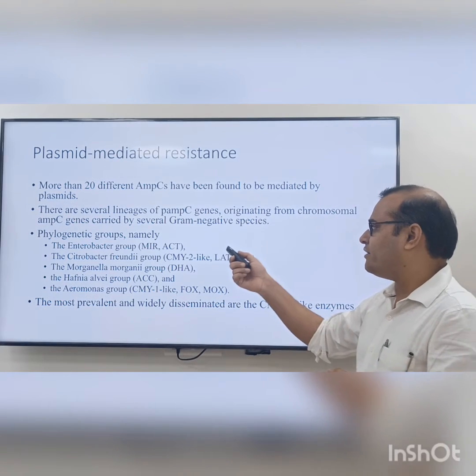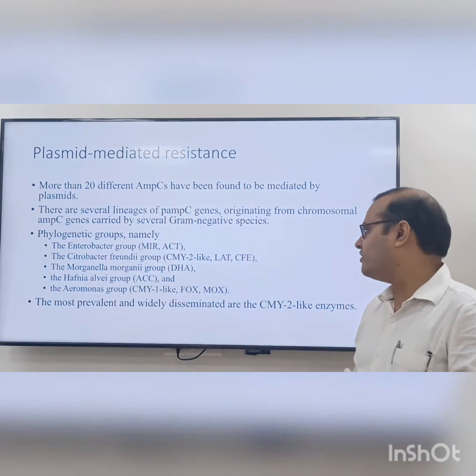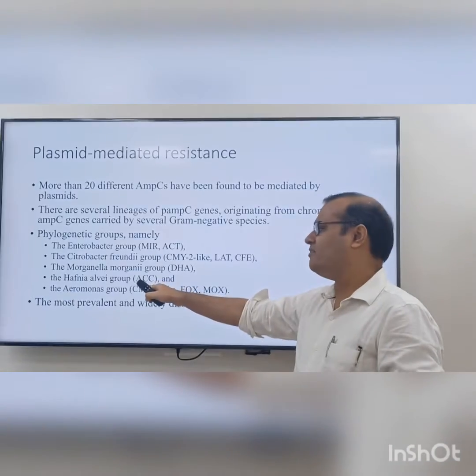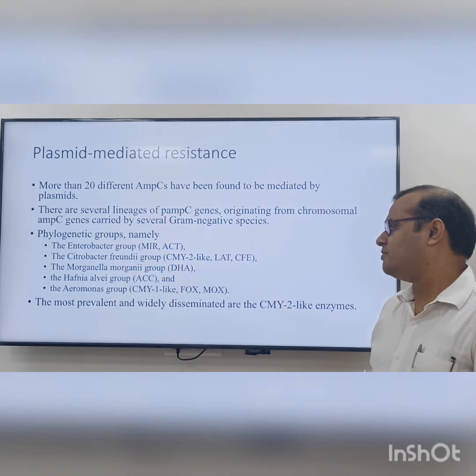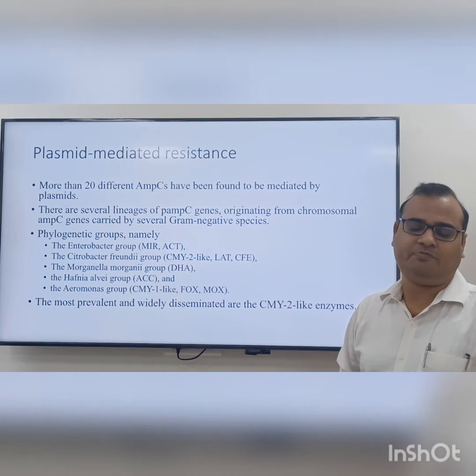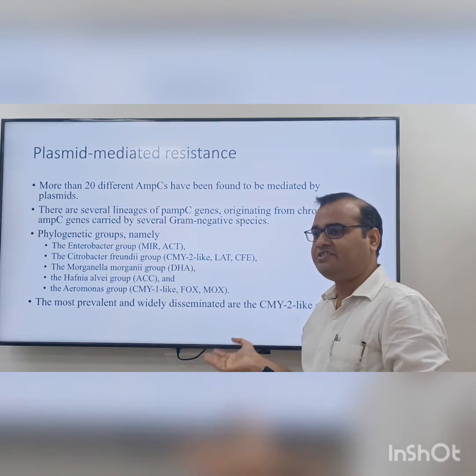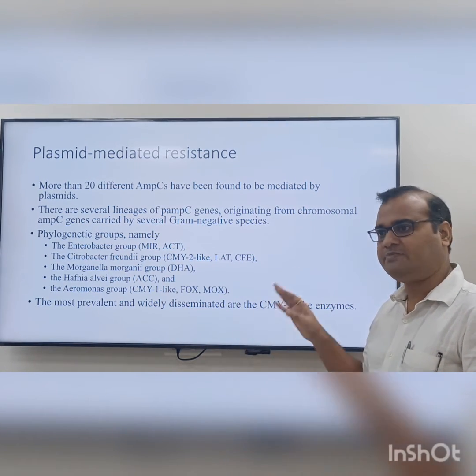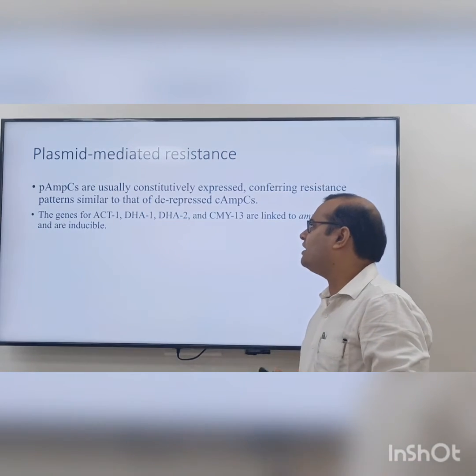So it may be the Enterobacter group, Citrobacter freundii group, Morganella morganii group, Hafnia alvei group, and the Aeromonas group. Among all plasmid-mediated AmpCs, the most common is CMY-2, which is present worldwide.